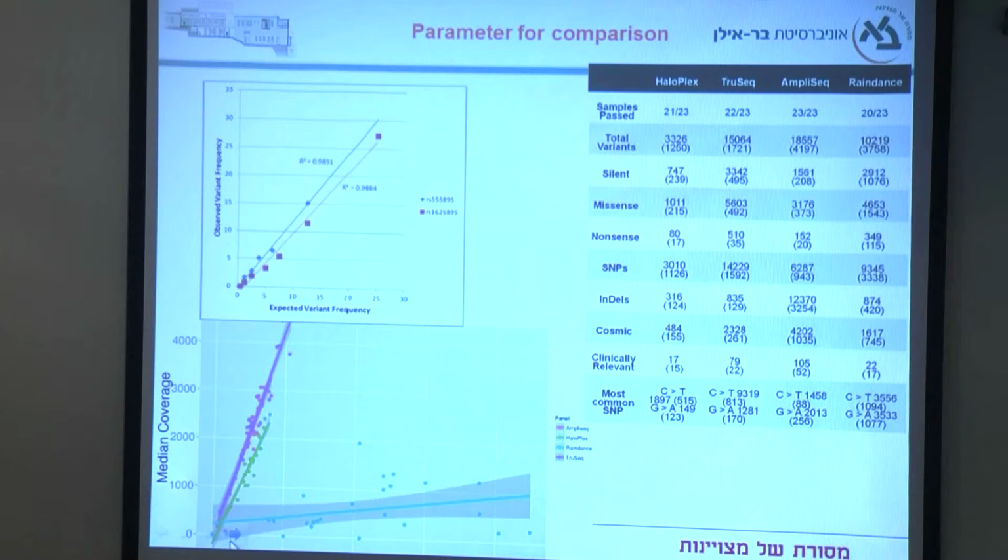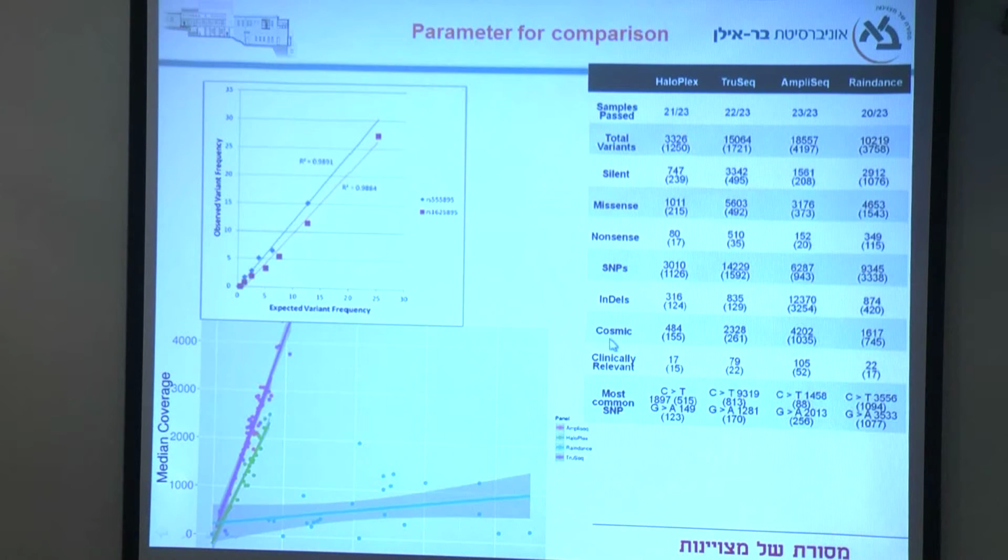Then you want to know whether, if a method is very effective, then increasing the number of reads will give you an increase in the number of mutation detections. And some methods like RainDance do not do that, and that's originally excluded.